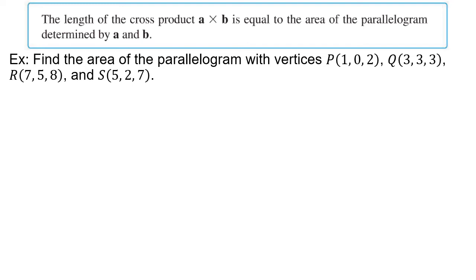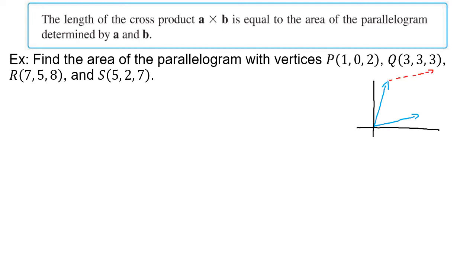Okay, one thing about the cross product is that the length of the cross product, A cross B, the magnitude of the cross product, would be equal to the area of a parallelogram. If I just drew a generic parallelogram, not necessarily these points that are on here, one going this way and one going that way, if I were to move that bottom one up, I would have something like this.